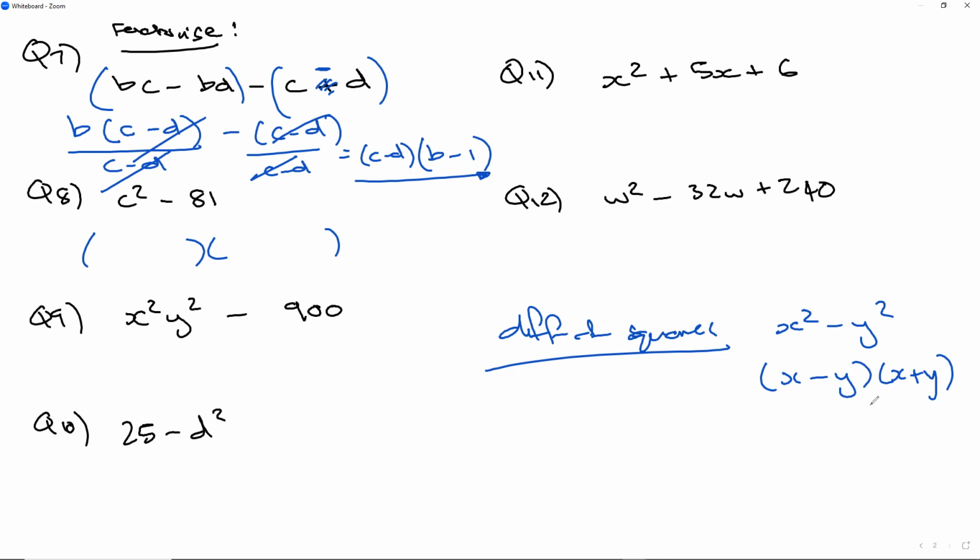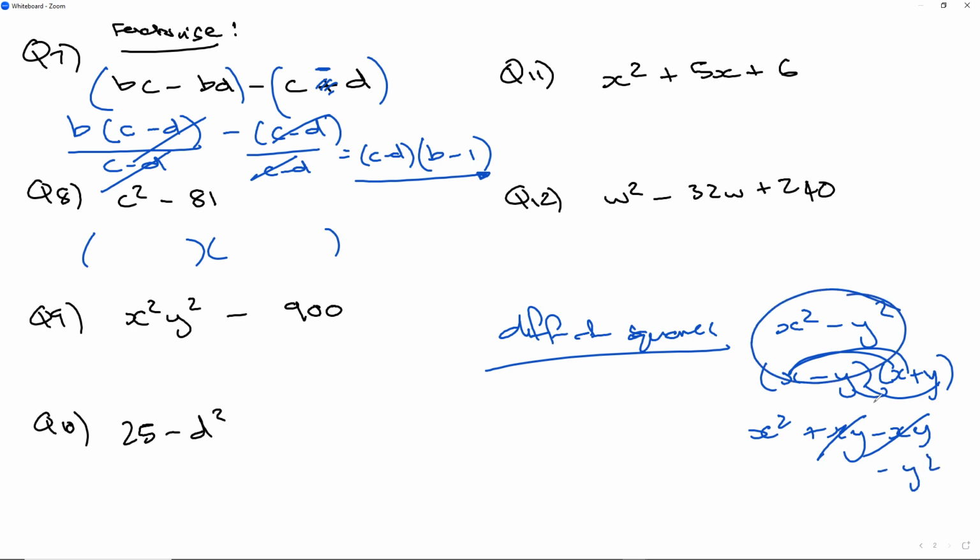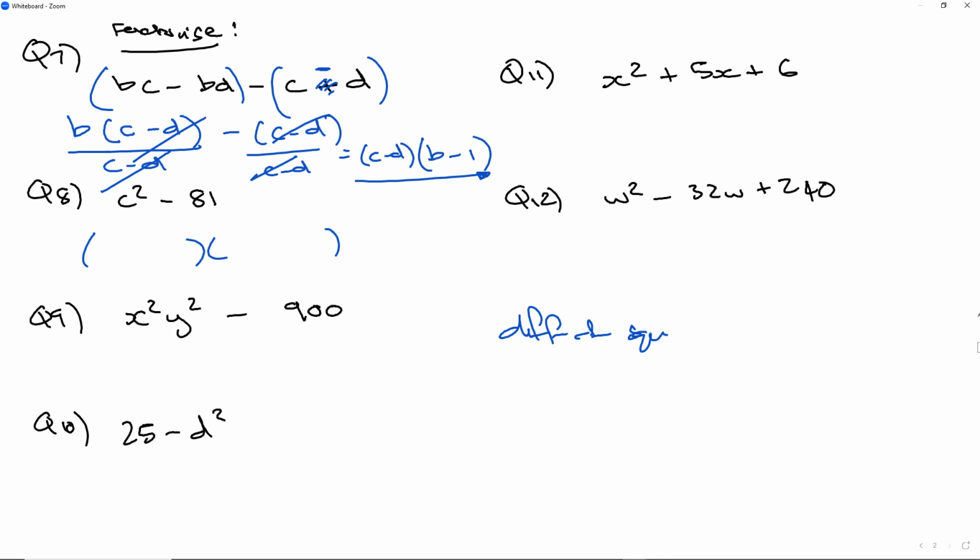The plus and minus allows the middle term to be eliminated when you find the product of them. So you end up with x squared plus xy minus xy, and then the middle term cancels out, leaving you with the original question. So square root each term, write it twice, and then put plus minus.